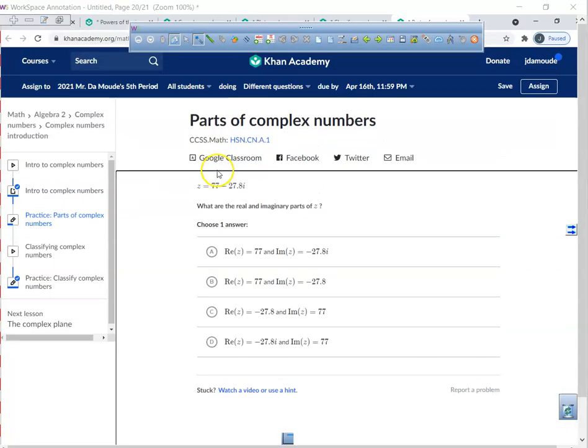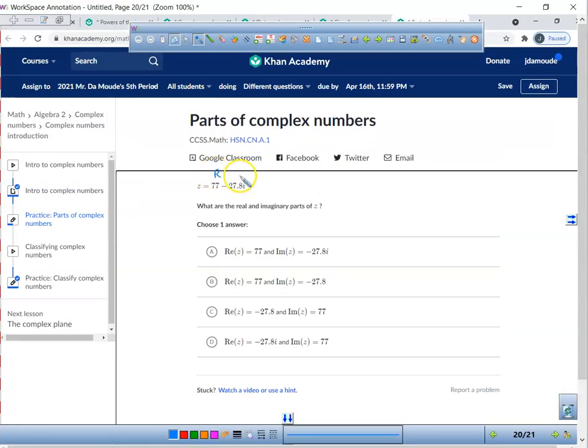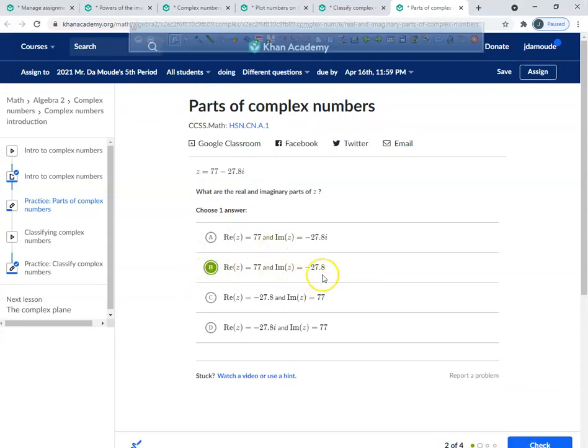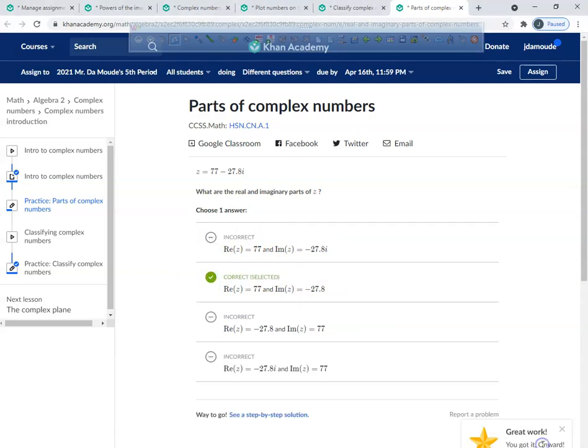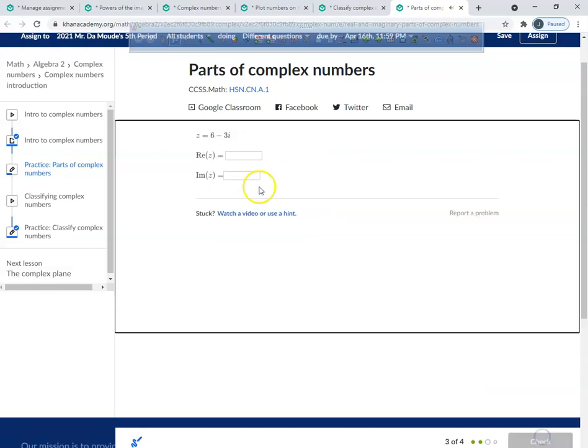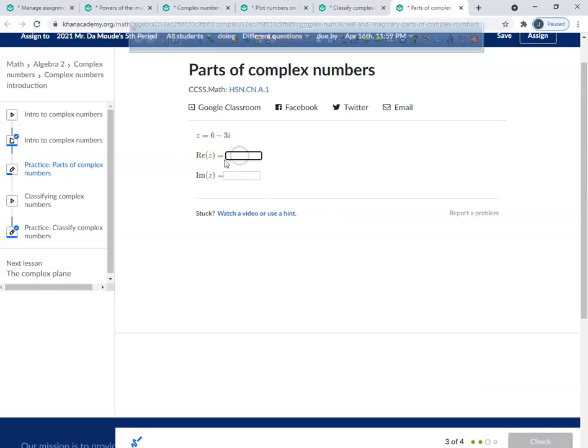On this one, what's our real part? The 77. What's the imaginary part? -27. Okay? So the real part is this, and the imaginary is that. What's the real? 6. What's the imaginary? -3.